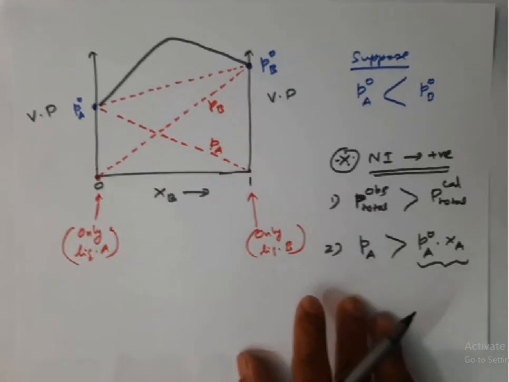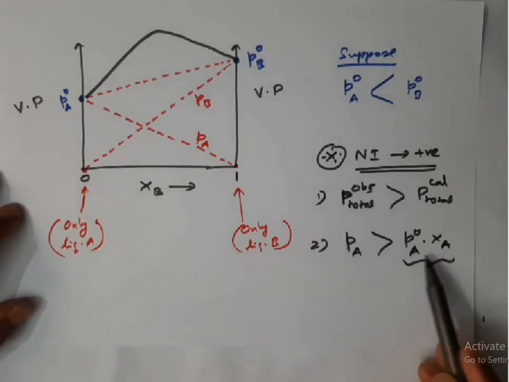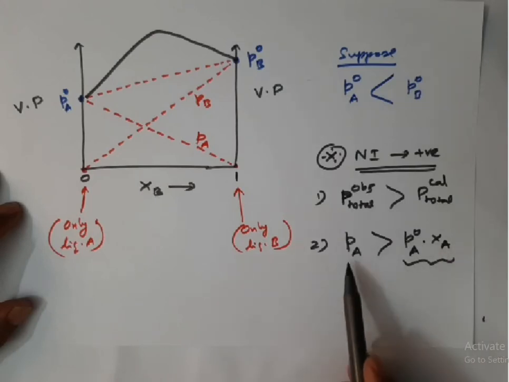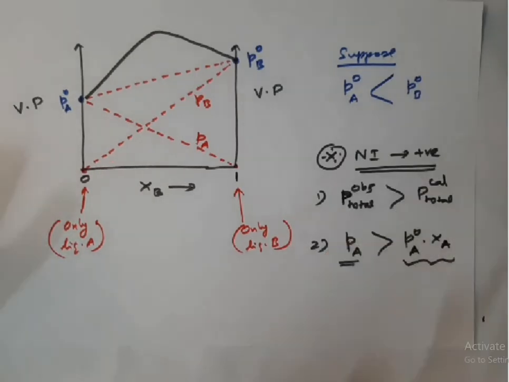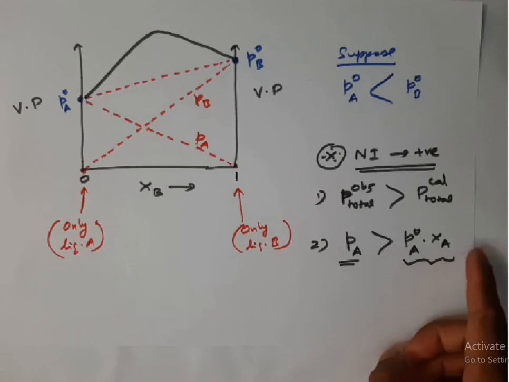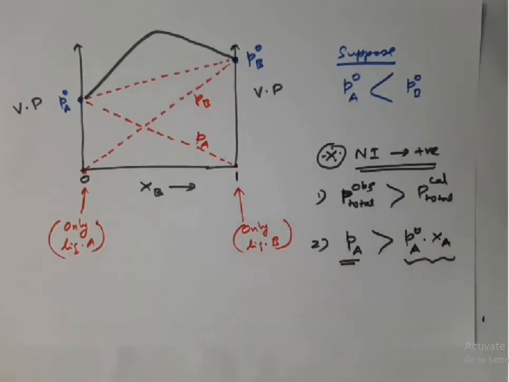So students, are you able to follow this? P naught A into XA is the partial pressure of A calculated using Raoult's law, whereas this is partial pressure actually present in solution, and the actual partial pressure is greater than the partial pressure of A calculated using Raoult's law.